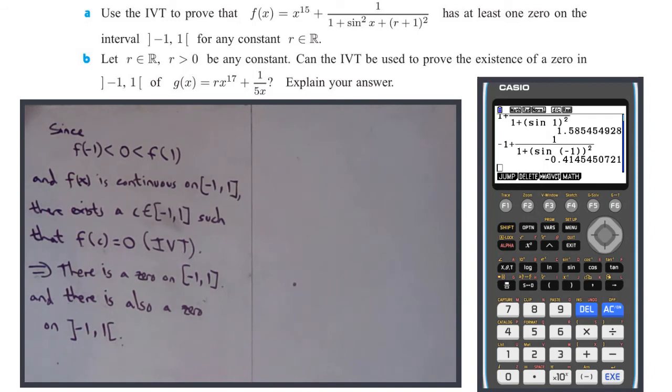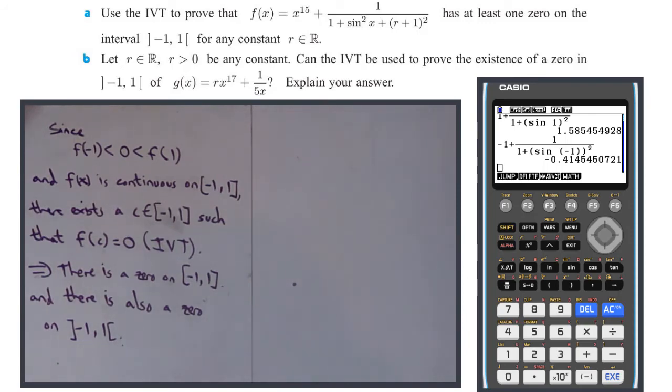Right, part B is a lot easier than it looks. So let R be a real number, R is greater than 0, and let it be any constant, right?